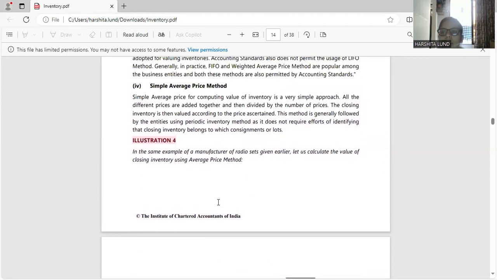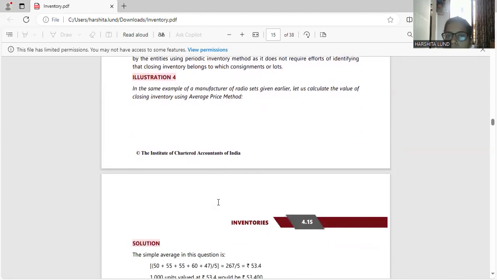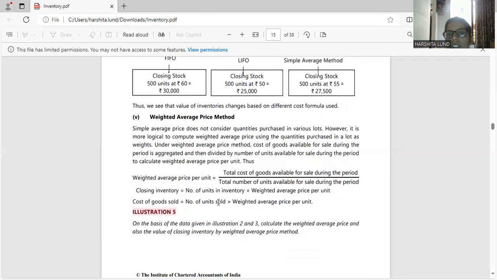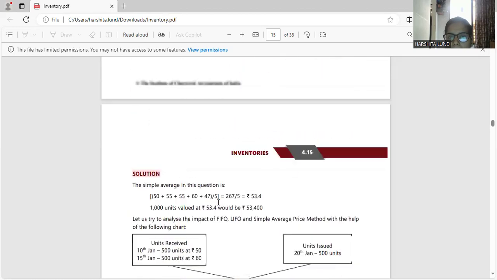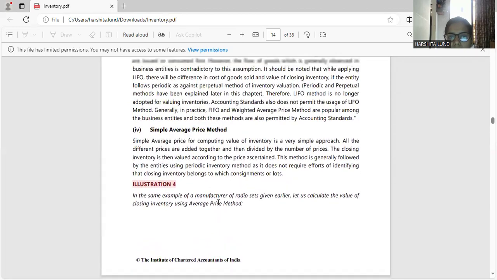In the simple average price method, whatever the purchases made till today are divided by the quantity, and you get the average price, which is then used as the cost of goods whenever profit is calculated from sales. Same with the weighted average price method, which I have explained.